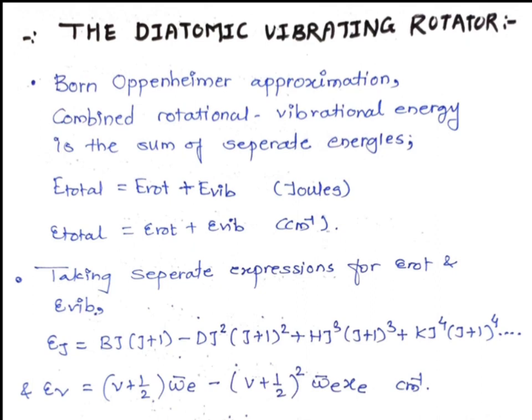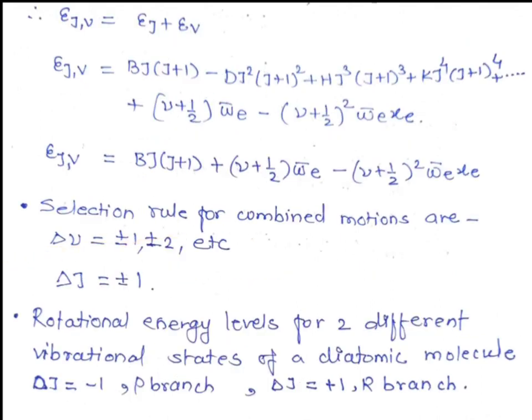So we will see the equation here for the combination of energy of the two motions, rotational motion and vibrational motion, because our molecule possesses two kinds of motion, vibration as well as rotation. So we will calculate the energy in the combined form.